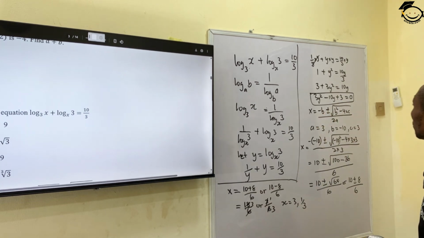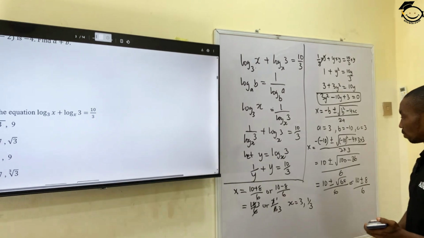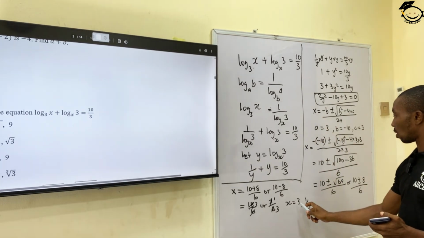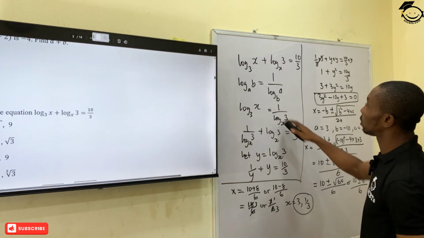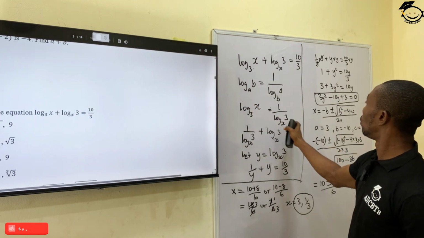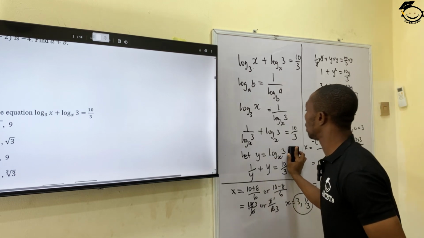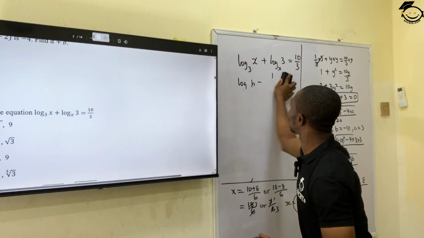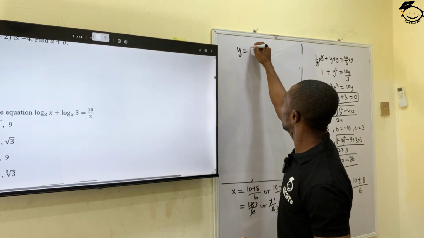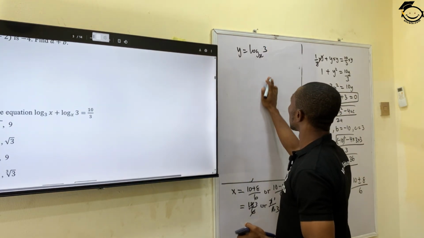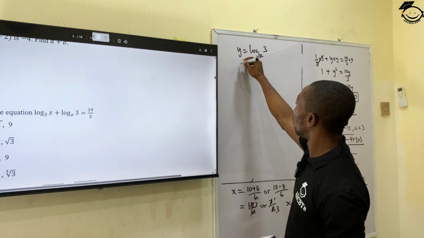Now back to our question. You can see that the value of our y in this question will become 1 over 3 or 3. Now substituting back, where we let y equal log_x 3, into our equation, where our y will give us what?